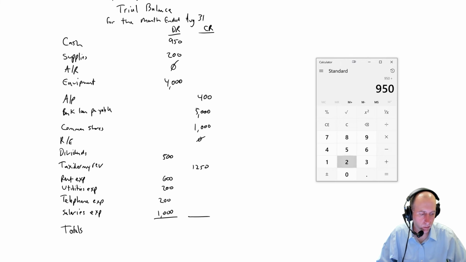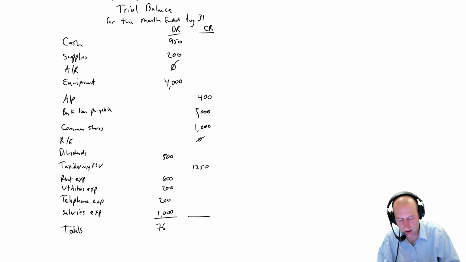So 950 plus 200 plus 4,000. I'm doing the left side first. Plus 500 plus 600 plus 200 plus 200 plus 1,000. Adding it up, I get 7,650 on the debit side.